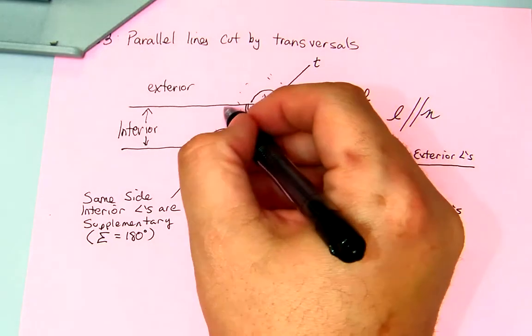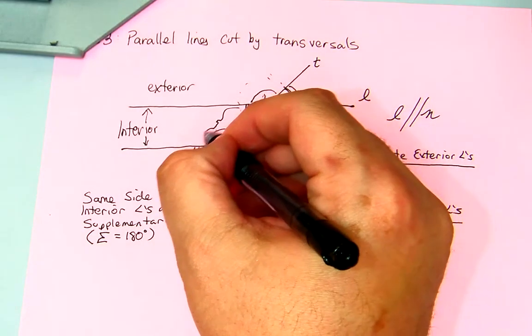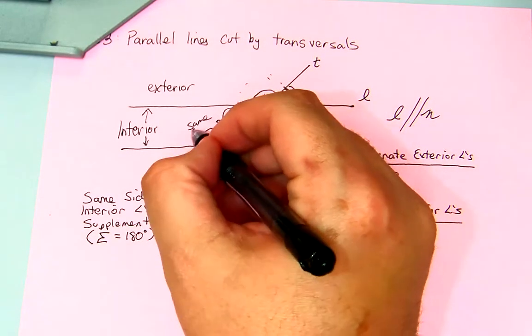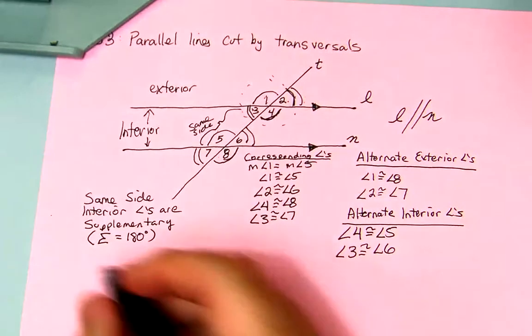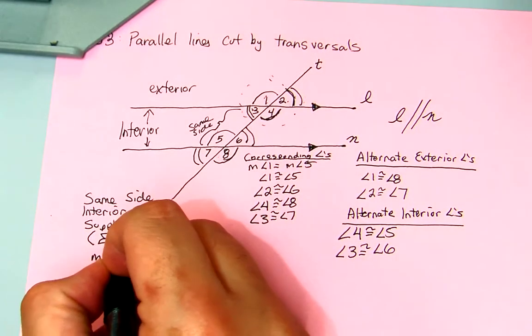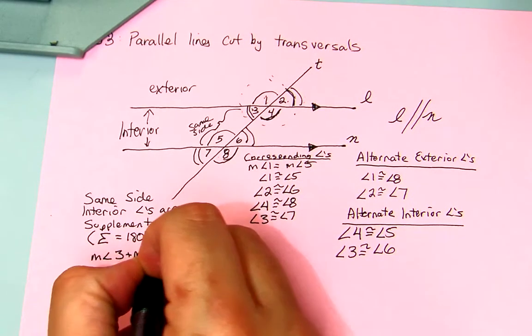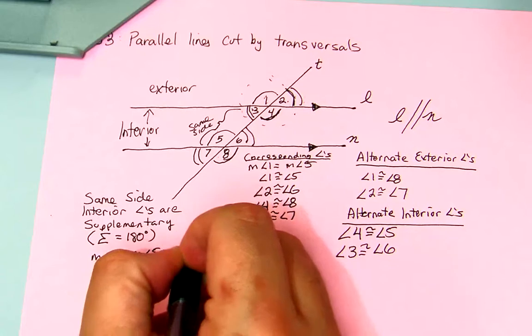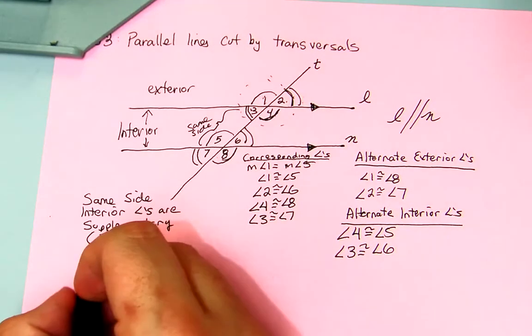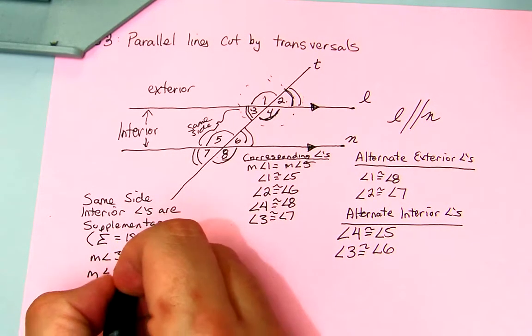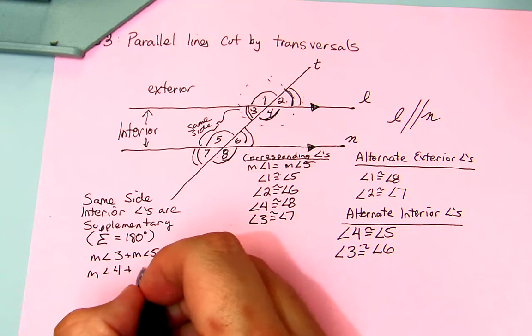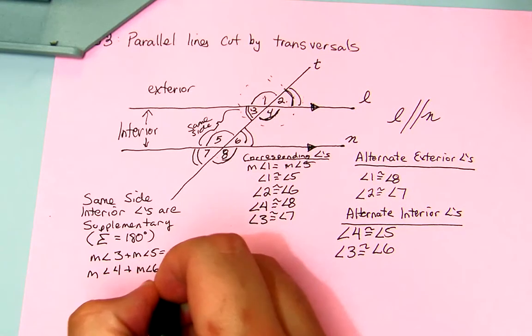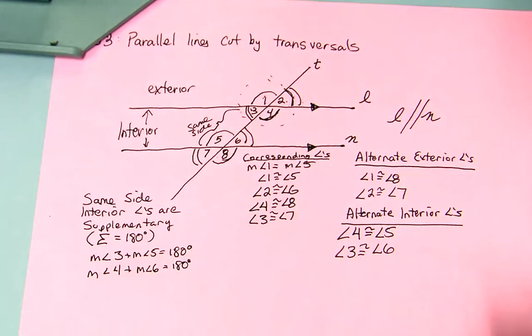So for the same side right here, the measure of angle 3 plus the measure of angle 5 is equal to 180 degrees. The measure of angle 4 plus the measure of angle 6 is equal to 180 degrees.